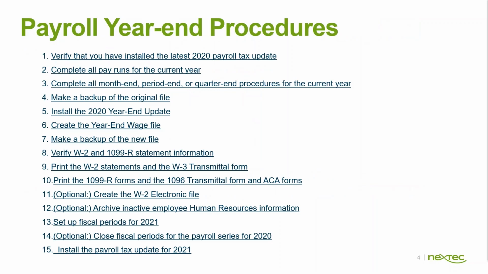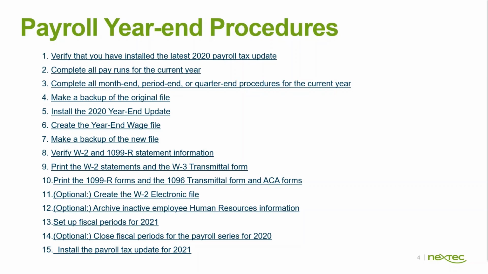The payroll year-end procedures are as follows. You're going to verify that you have installed the latest 2020 payroll tax update. Complete all your pay runs for the current year. Complete all your month-end, period-end, quarter-end procedures for the current year. Make a backup. Install the 2020 year-end update if you haven't already.